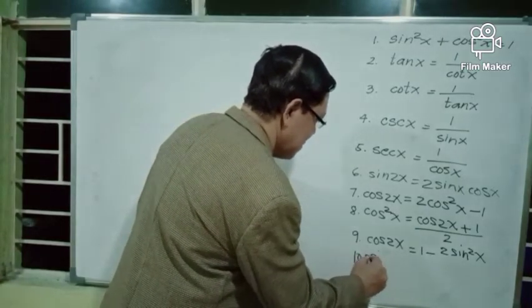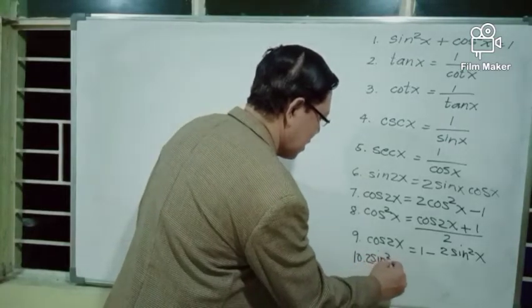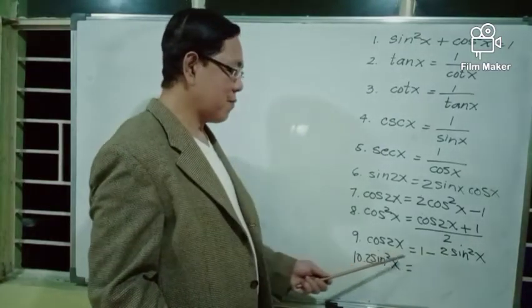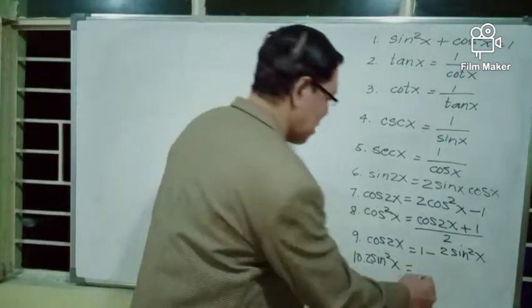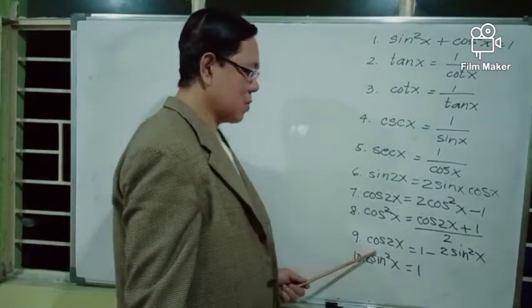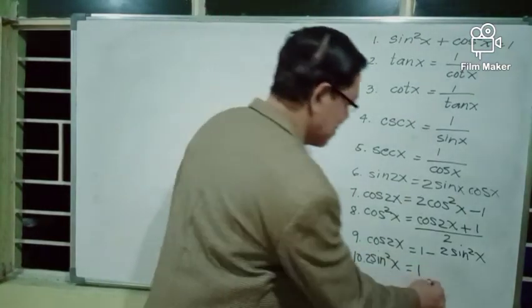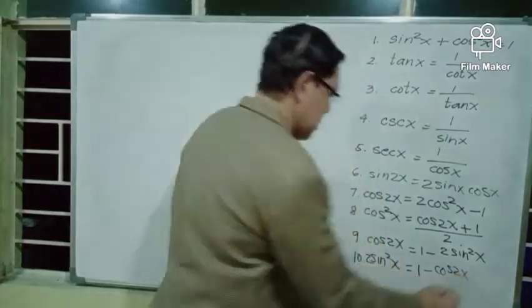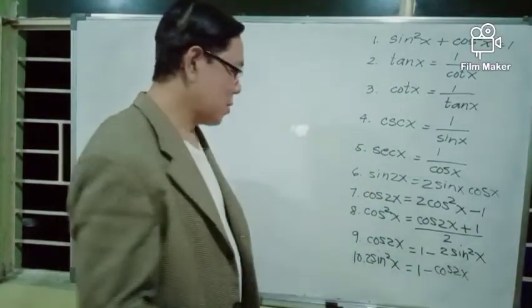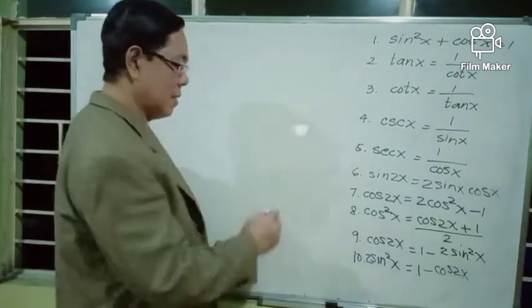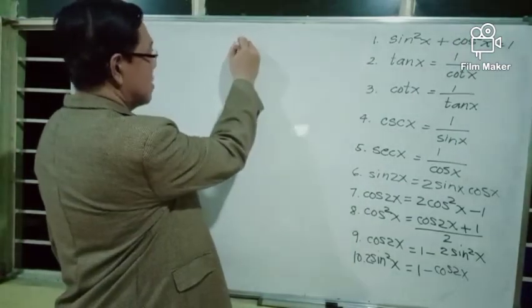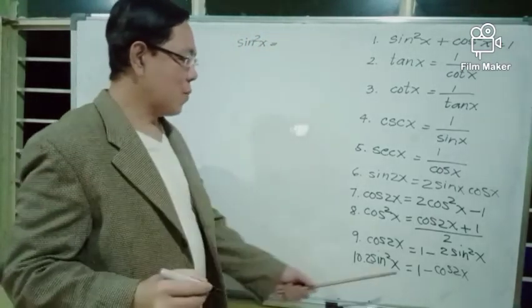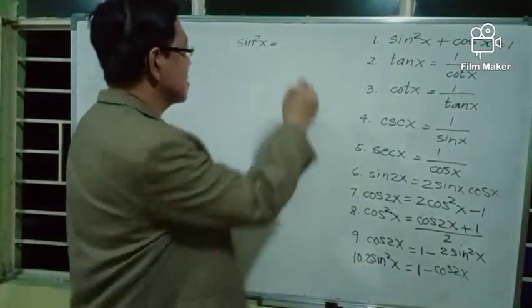Sine squared x is equal to 1 minus cosine 2x, and we divide both sides by 2.